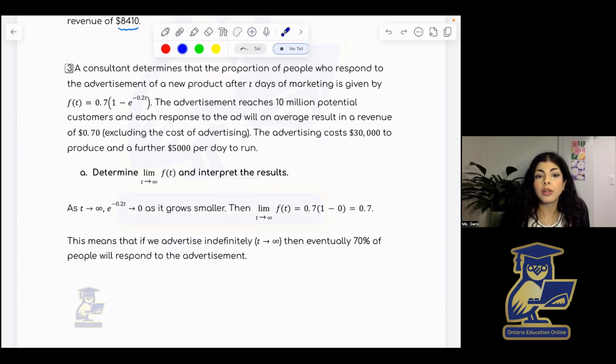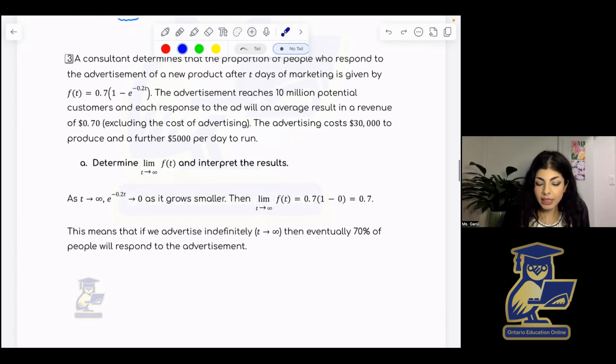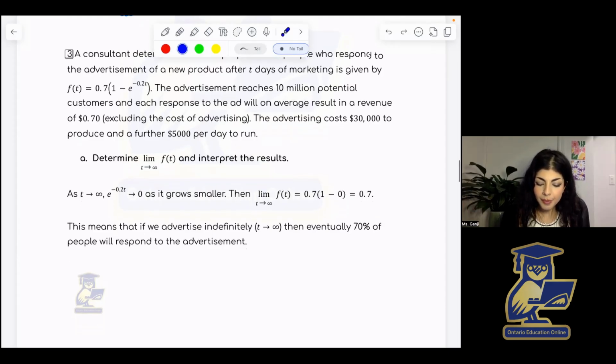It's getting smaller and smaller. So this limit resembles 0.7 times 1 minus 0, which is just 0.7. Interpreting this means that if we advertise indefinitely, day after day, eventually 70% of the population will respond to the advertisement.